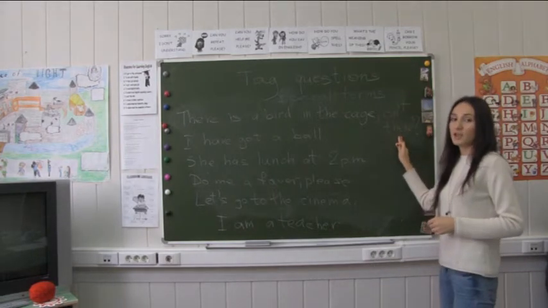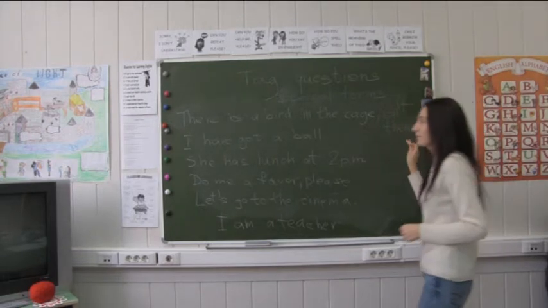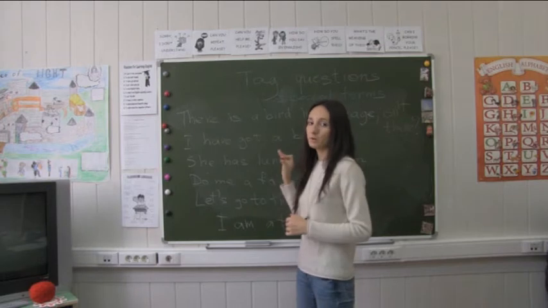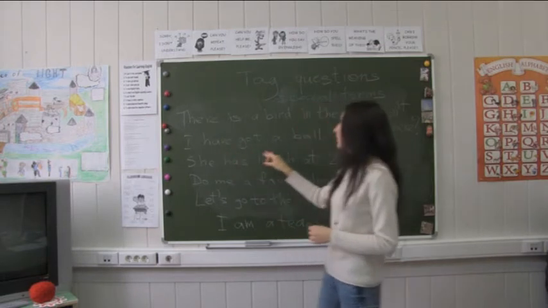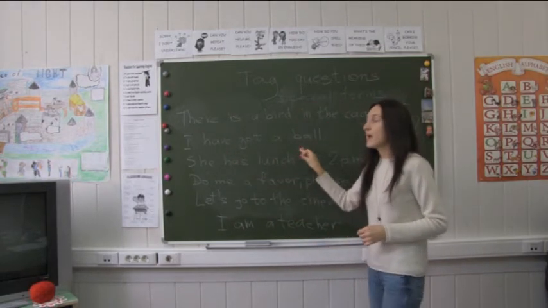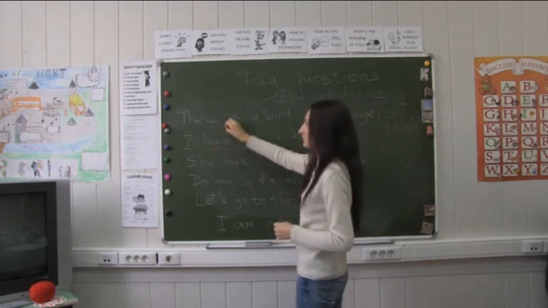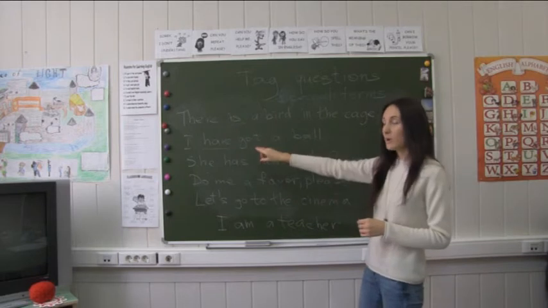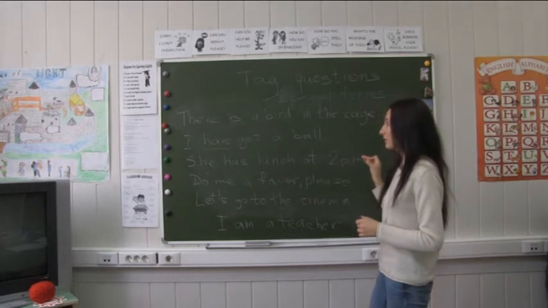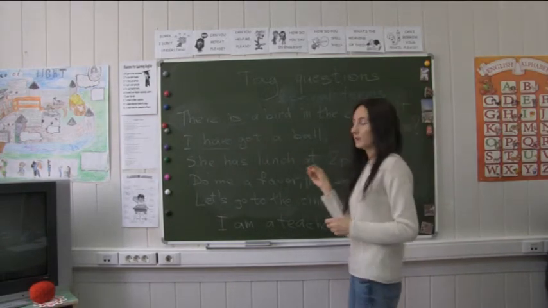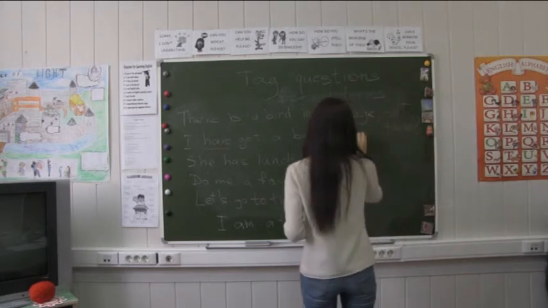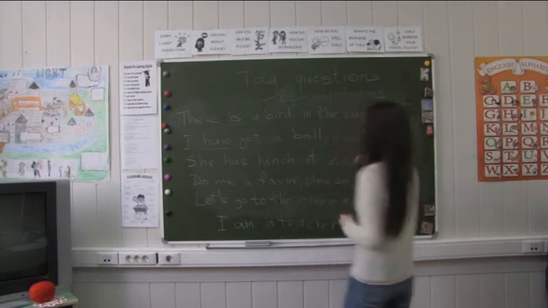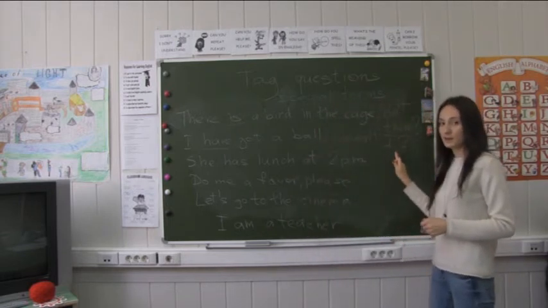There is a bird in the cage, isn't there? In the second sentence, if you have a structure with have got, you say, for example, I have got a ball. The auxiliary verb here is have. So you say with a negative tag question, I have got a ball, haven't I?